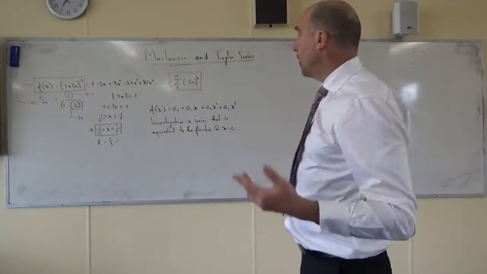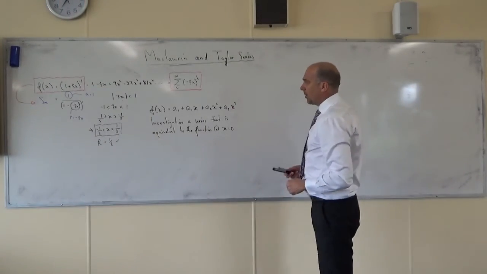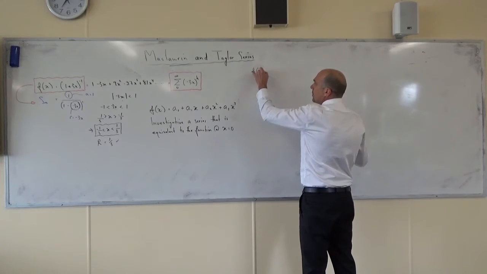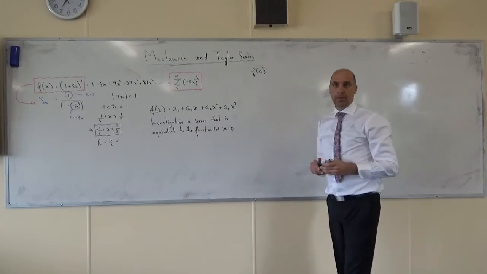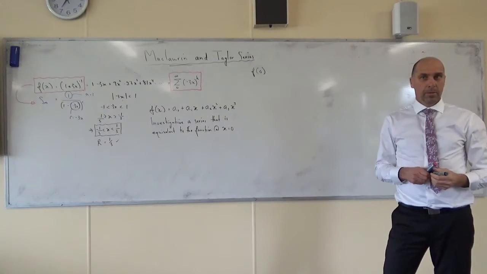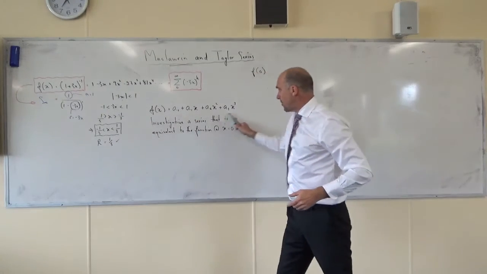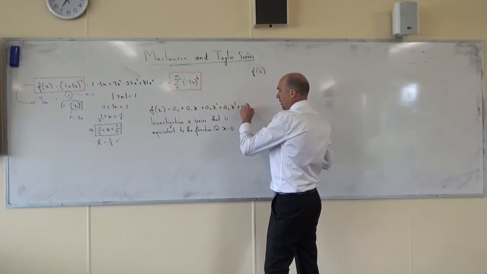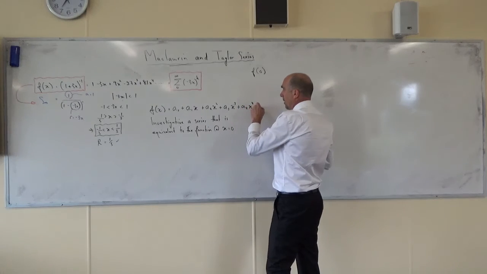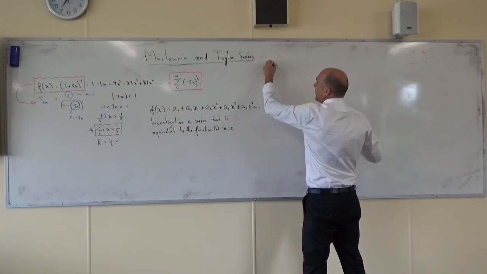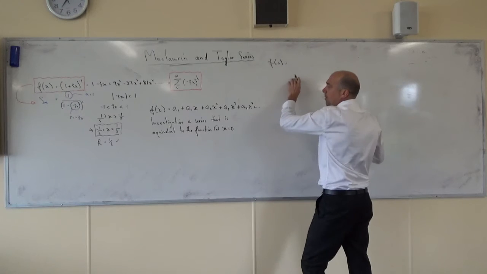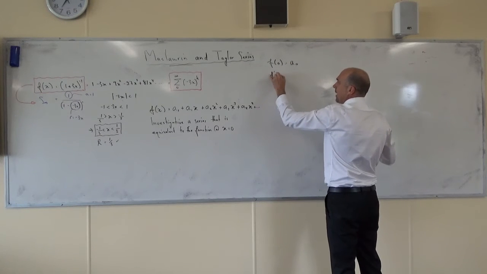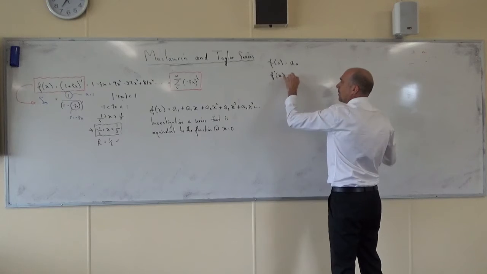So let's start off. The first thing I'm going to do is ask, what is f of 0 equal to, everyone? F of 0 is equal to a0. Fantastic. What's f dash x equal to?